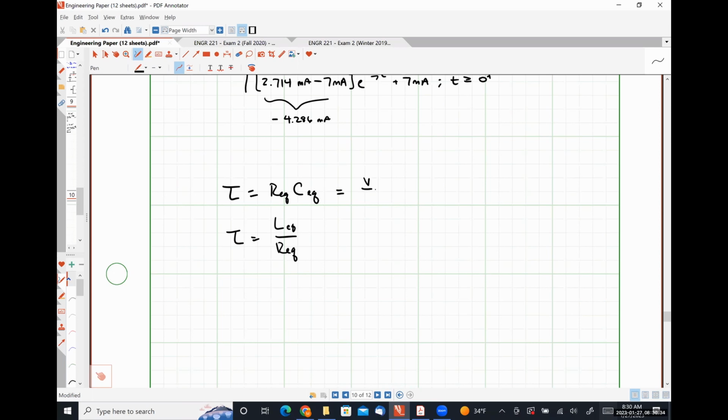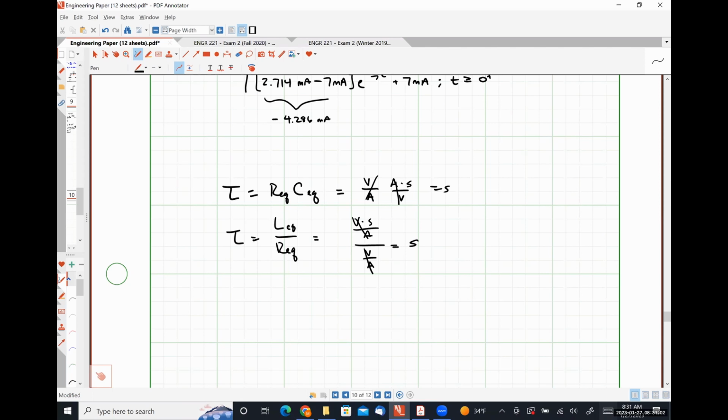Resistance is in ohms, which is volts per amp. Capacitance is amp seconds per volt. So when we multiply these two things together, we get seconds. Similarly, inductance is volt seconds per amp, divided by resistance, which is in volts per amp. So we have volts per amp over volts per amp, giving us just seconds as well. So time constant is always going to come out in seconds.